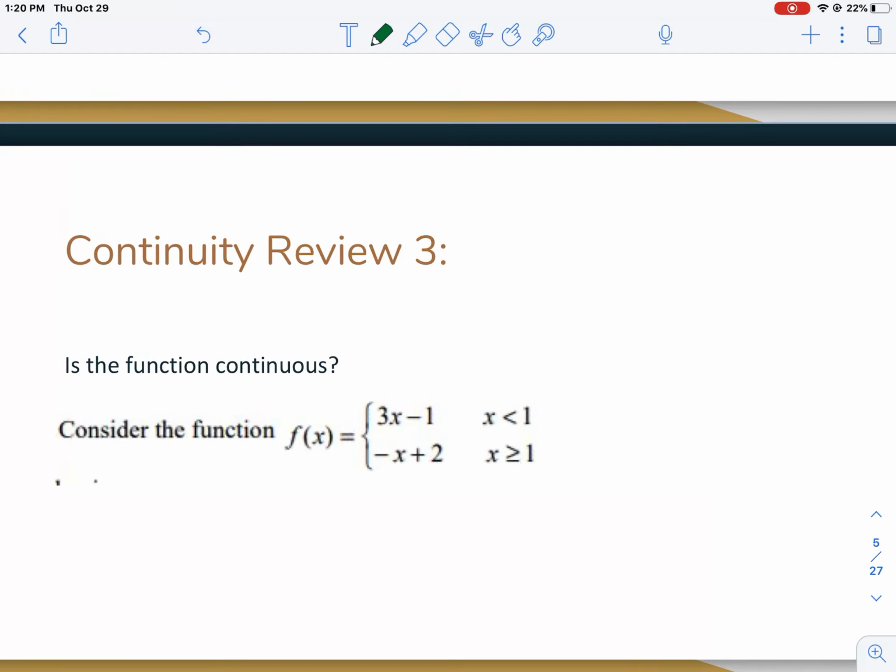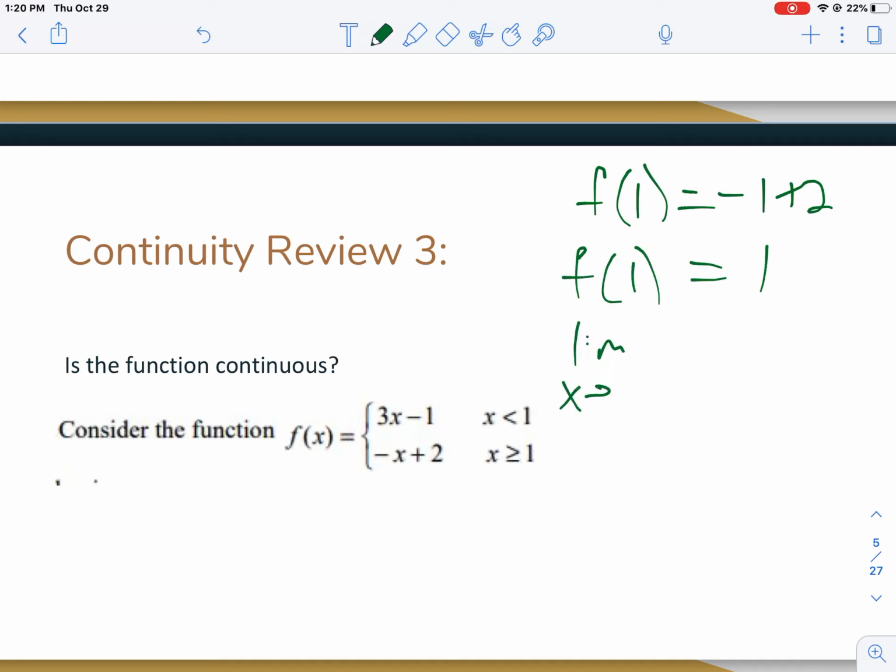Now, here's an example. Is this function continuous? So let's take a look. Let's try first. f of 1 equals negative 1 plus 2, which equals 1. So f of 1 is 1. The limit as x approaches 1 from the left is 3 times 1 minus 1. The limit as x approaches 1 from the left is 2. So therefore, the function is not continuous.